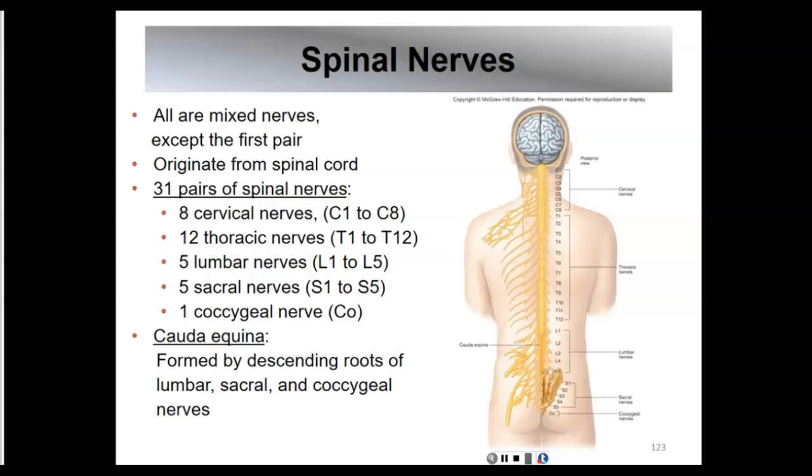The reason it's called cauda equina, it means horsetail, I believe. It looks like a horse's tail, but there's nerves coming from the spinal cord there, and they are not as bundled, I guess, as above, like in the cord.